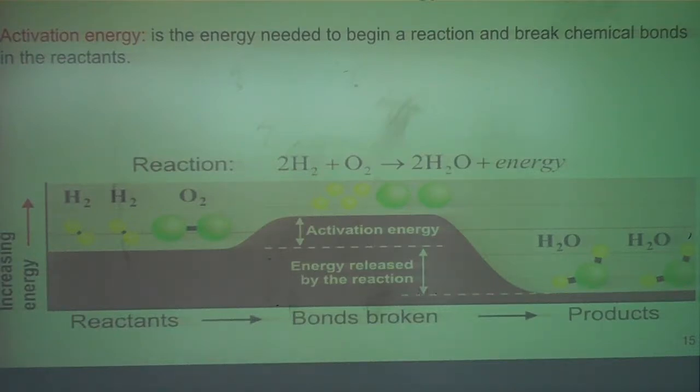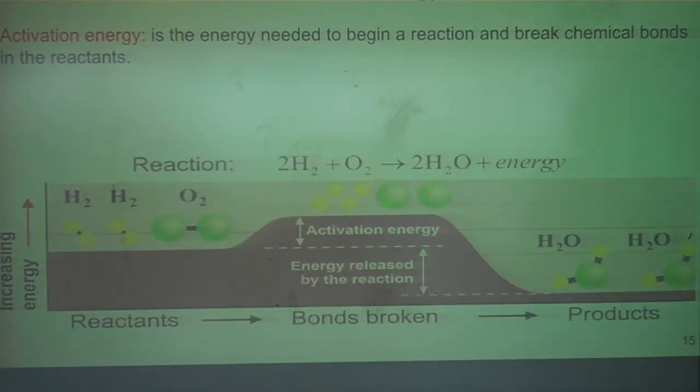Now, remember when you put energy into a system, heat into a system, you get more atomic motion. Atoms move faster, the vibrational energy increases if you like. So molecules will hit each other, and if they hit each other hard enough, with sufficient energy, you can end up breaking bonds and making bonds.